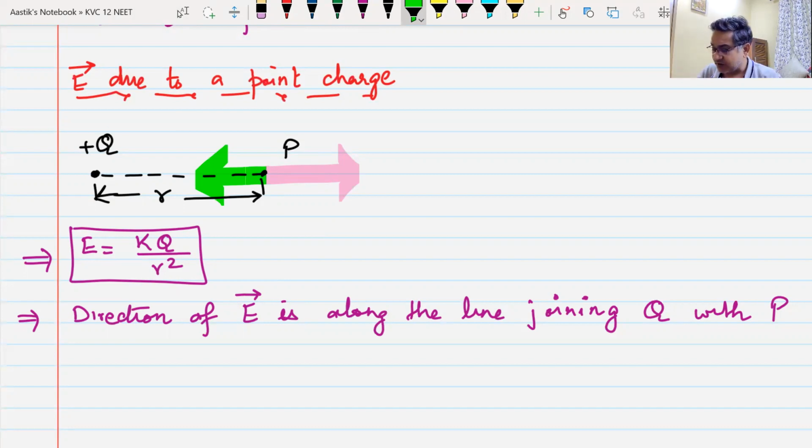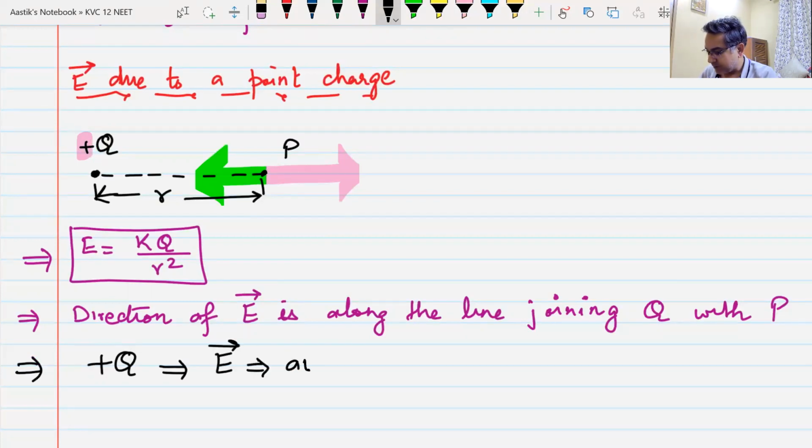Remember, this is a positive charge. Is it in the pink direction or is it in the green direction? How will you find out? So remember, if the charge is positive, then the electric field will always go away from the charge.